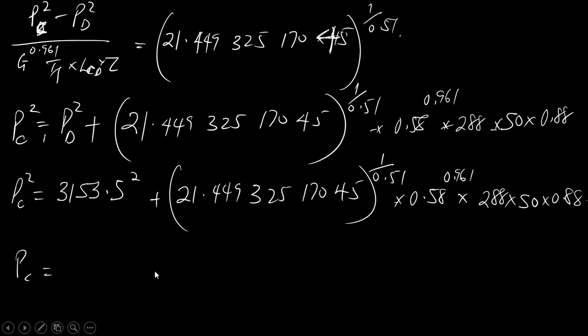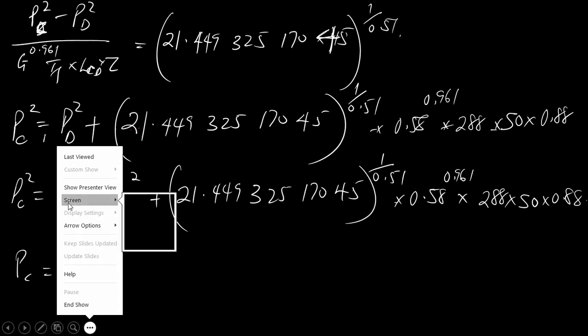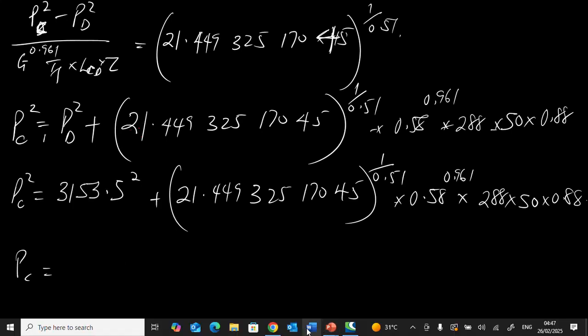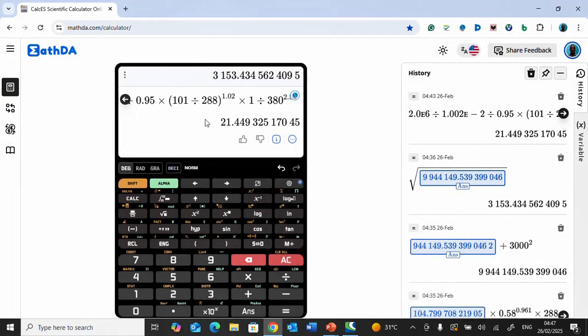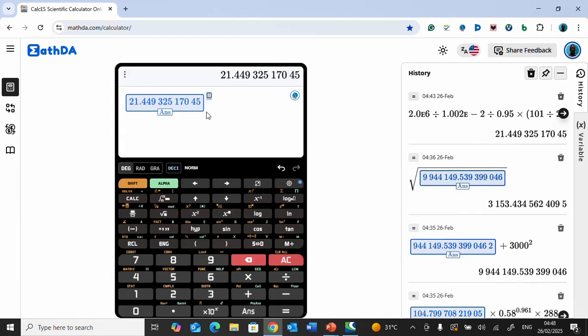Let's work it out. So I will now have this whole thing raised to power the answer raised to power, bracket open 1 divided by 0.51 bracket close.